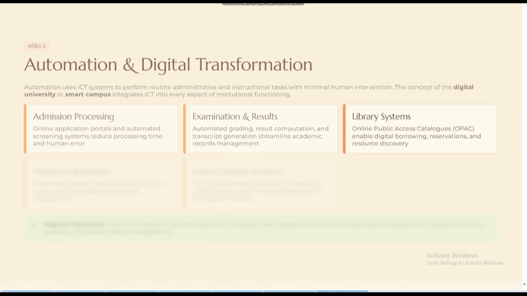We have the library system. With an open access catalog, OPAC, we can enable digital borrowing, reservation, and resource delivery, also reducing human error, downtime, and the involvement of humans in that process. We have financial operations with the coming of the e-payment system, automated billing, and digital receipts.